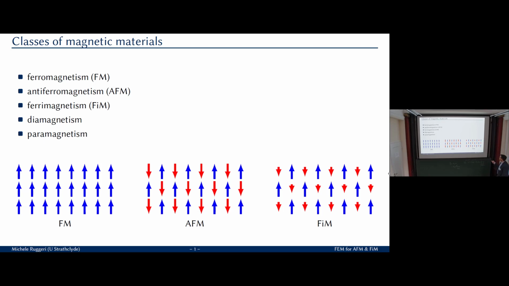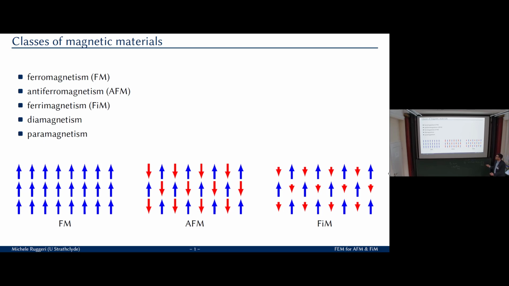And then you have a third type, ferrimagnets, like this one, in which, like antiferromagnets, neighboring spins want to be anti-parallel to each other, but they are not equal, so you have some net magnetization. Okay? And to my understanding, most of the work has been dedicated to the first class, even in mathematics.